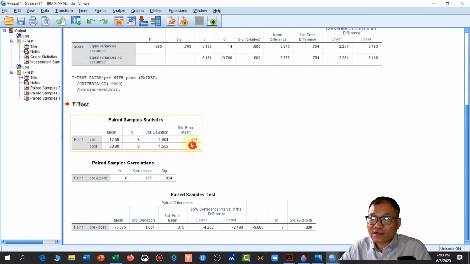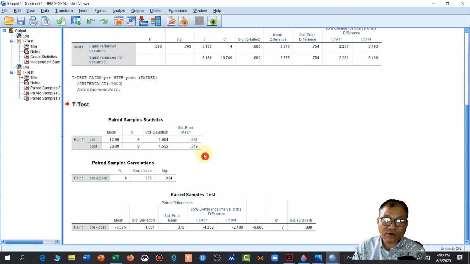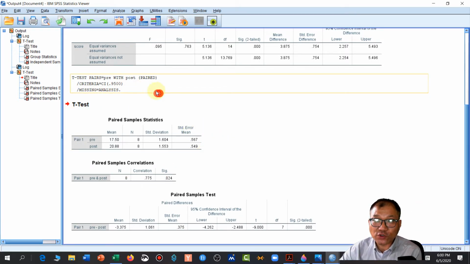So now we have the paired samples t-test right there. So for the pre-test, 8 people took the pre-test and 8 people took the post-test. The mean for the pre is 17.50 and 20.88 for the post. So now you can see the standard error of the mean here. But you don't see a standard error of the difference, okay?